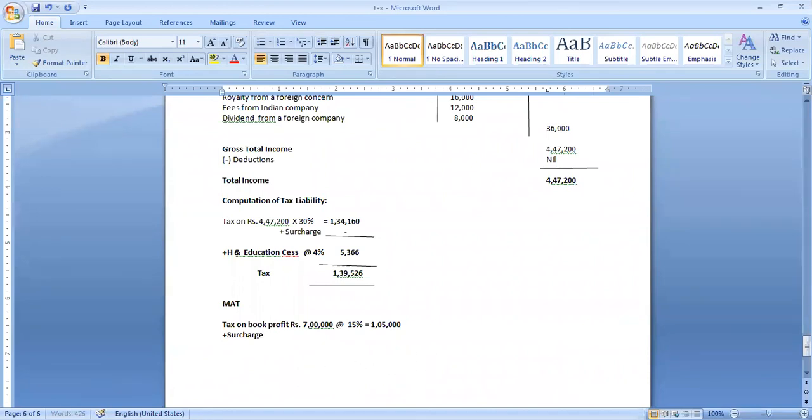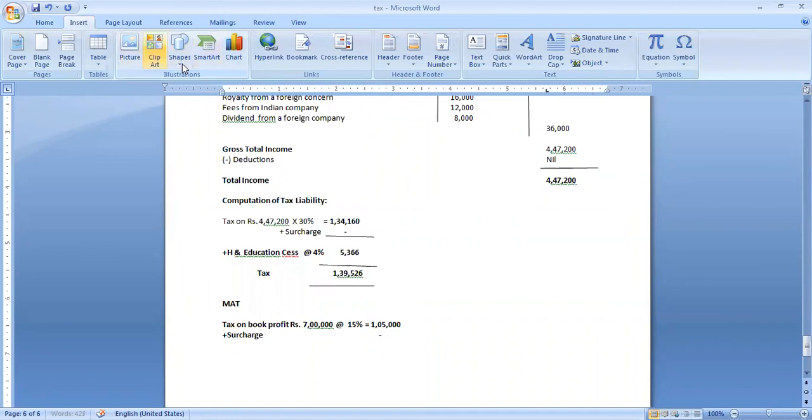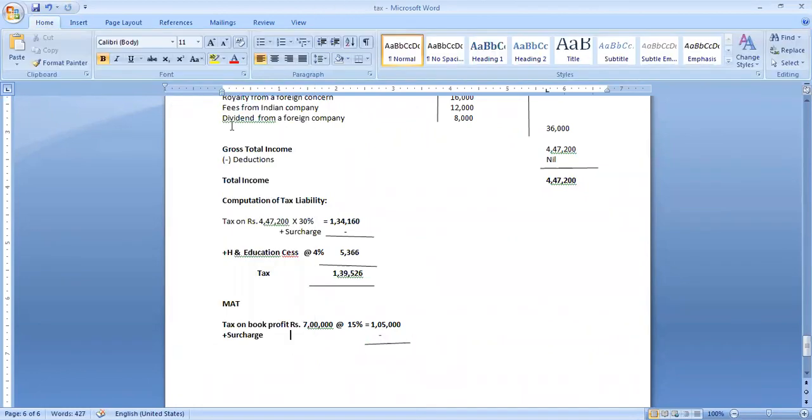No surcharge is there. Next, 4% you have to calculate. There is no difference on that one. That is health and education cess at the rate of 4%.